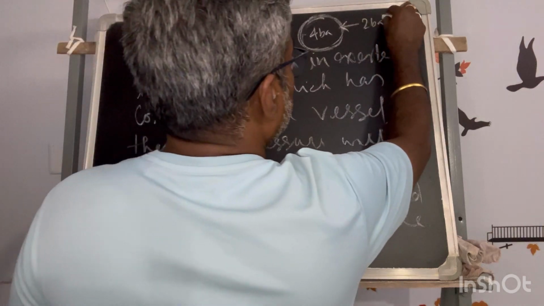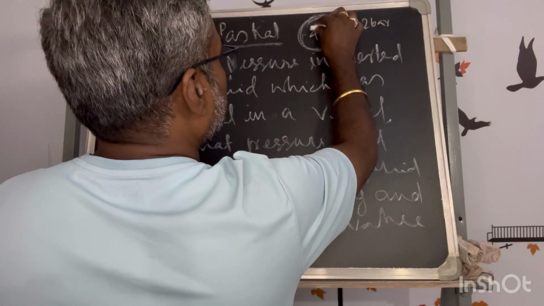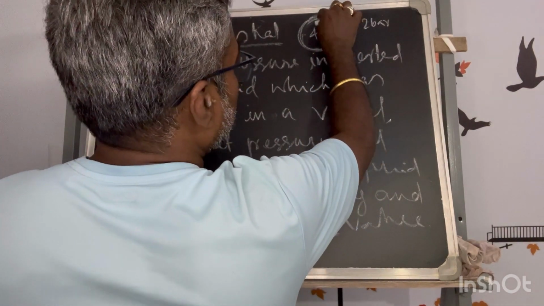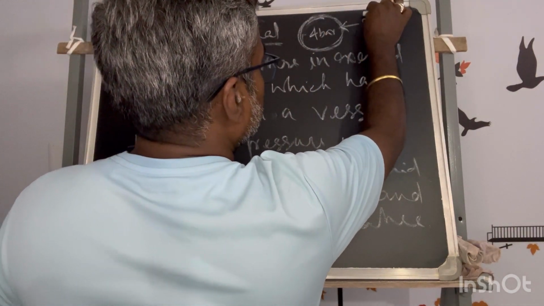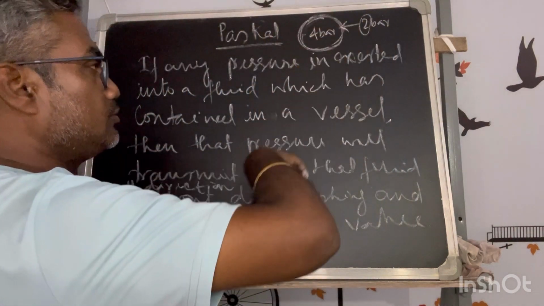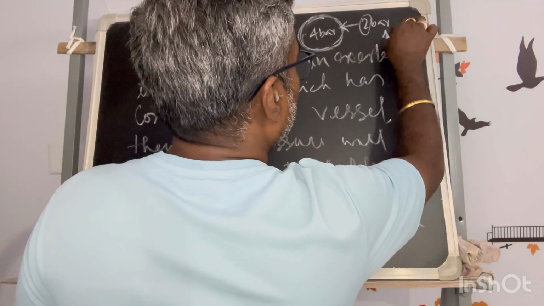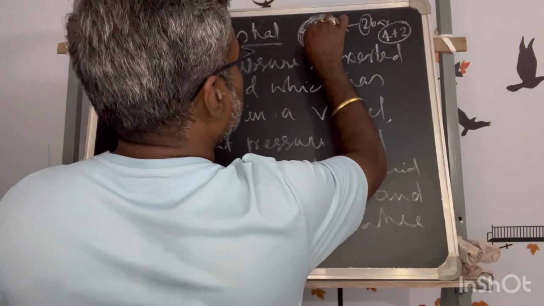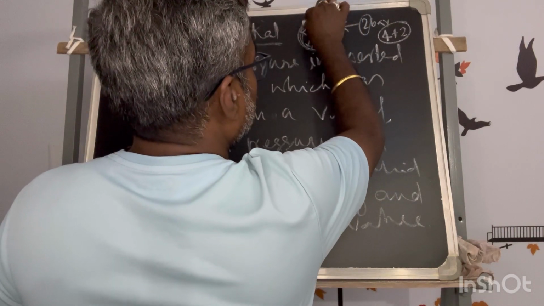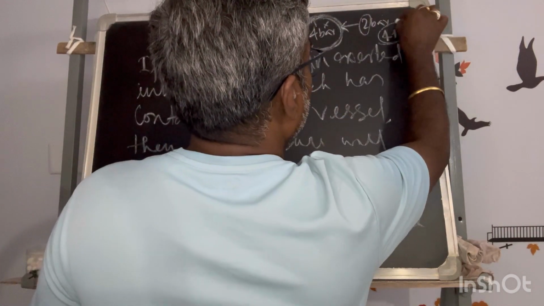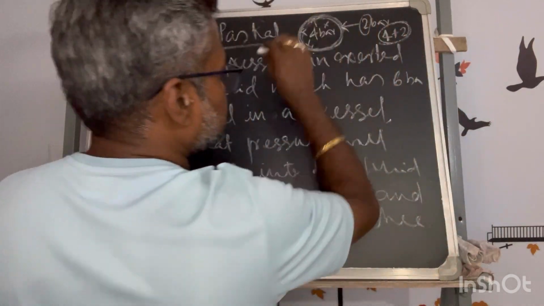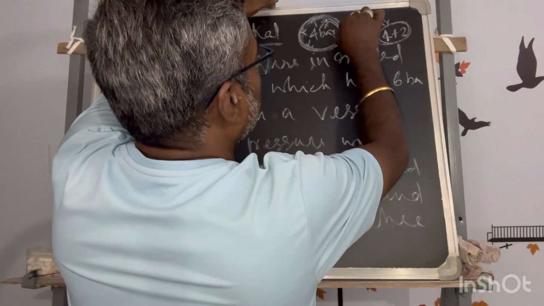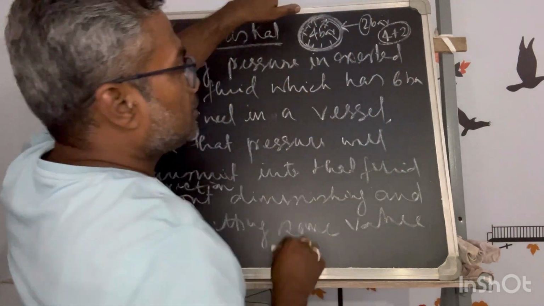Then that 2 bar will be exerted into the liquid without diminishing. That means the 2 bar will not reduce, it will be added to the 4 bar, and it will exert the same pressure in all directions. That means in the system as a whole I will get 6 bar of pressure, and that 6 bar will be exerted on every part inside that vessel. Wherever I measure, I will get the same pressure.